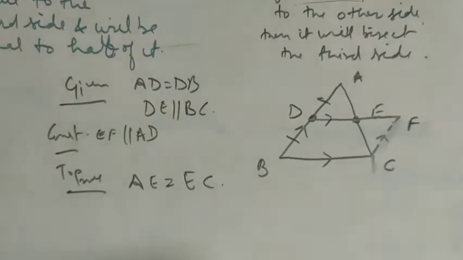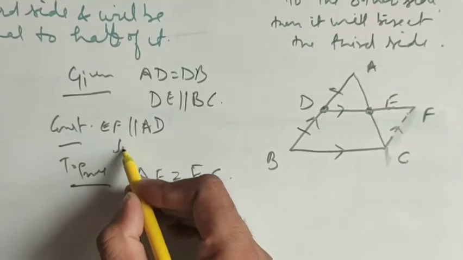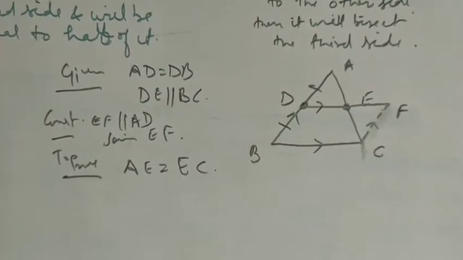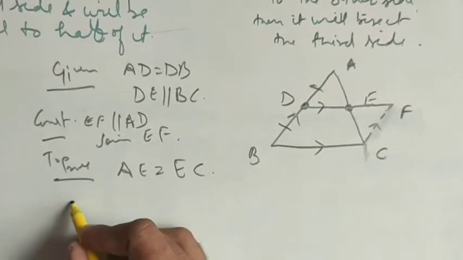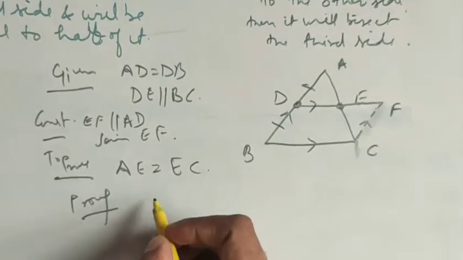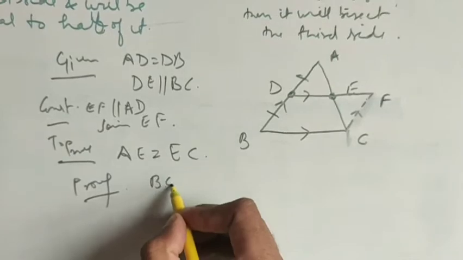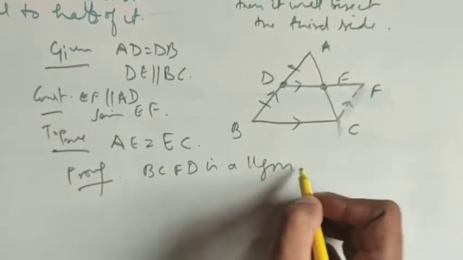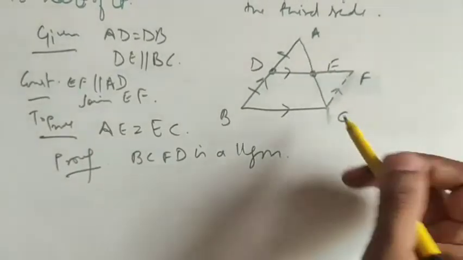Now proof. In the proof we can clearly see that BCFD is a parallelogram. Why a parallelogram?